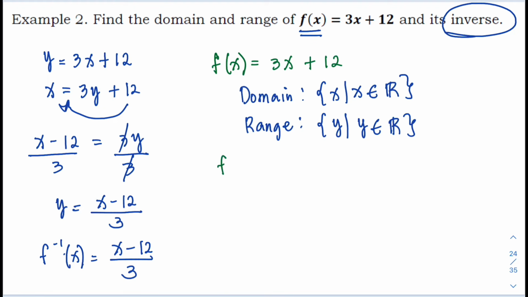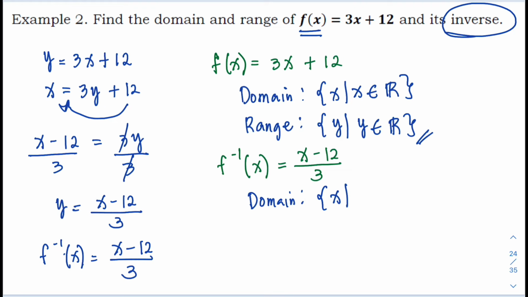Makukuha na rin natin, guys, yung domain and range ng ating inverse function. Okay? So, since wala naman tayong restriction doon sa ating range ng ating original function, so sa domain ng ating inverse, wala din. Okay, so the set of all x such that x is any real numbers.